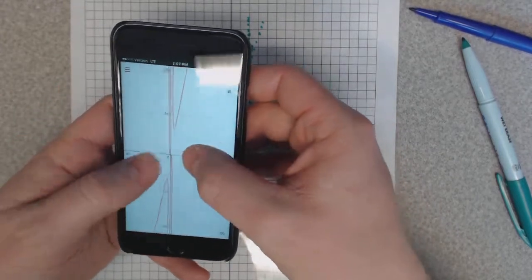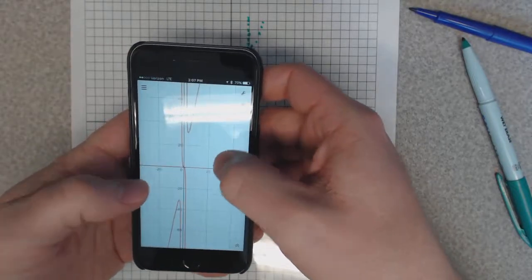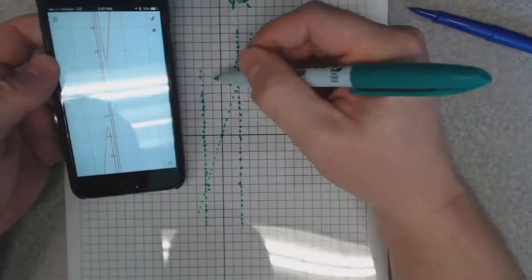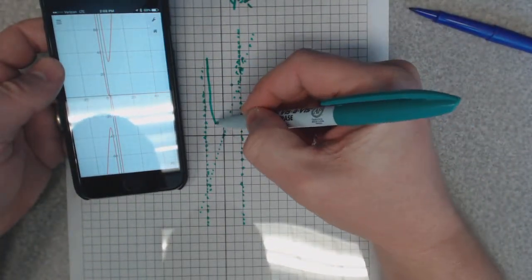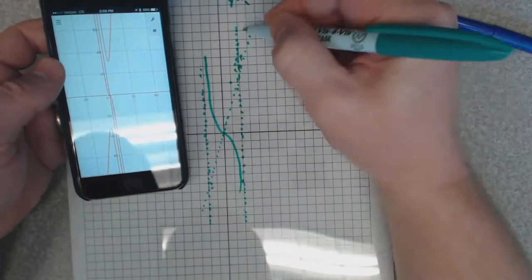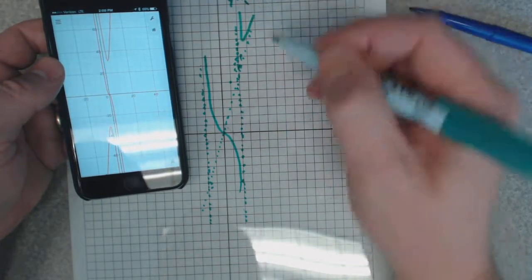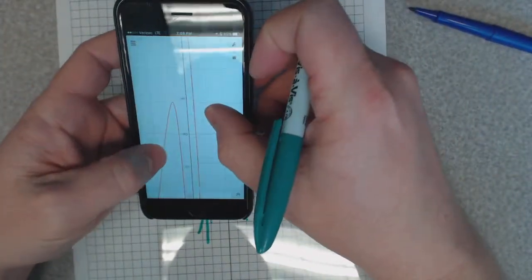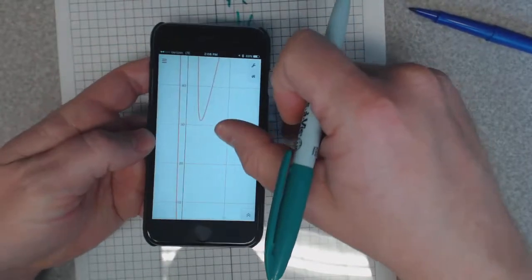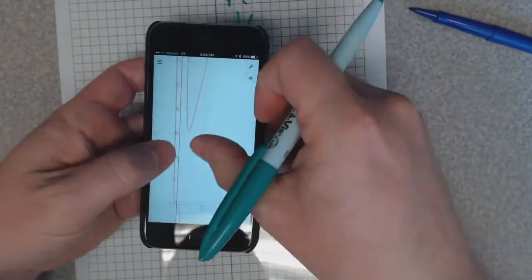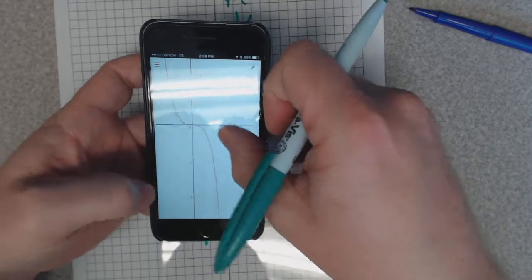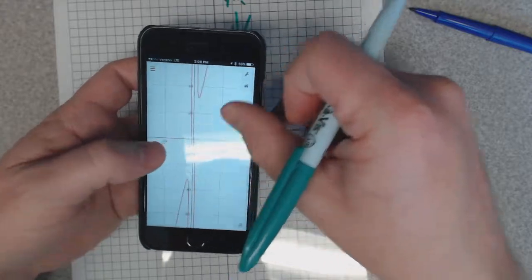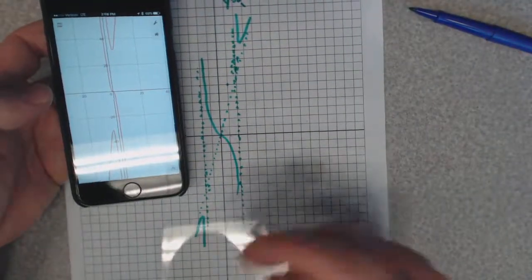So if I look at it, there was a middle part that comes down through here, but then there's also a part that comes in up here. It happens way down here at negative 30 and positive 30, but there is a second part to this graph. If you just have the normal window, you're just going to see this much. But you have to zoom out. There should be more parts to fill in.